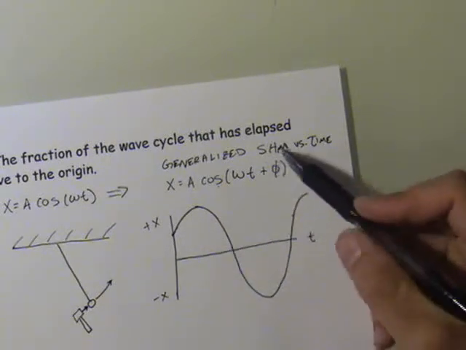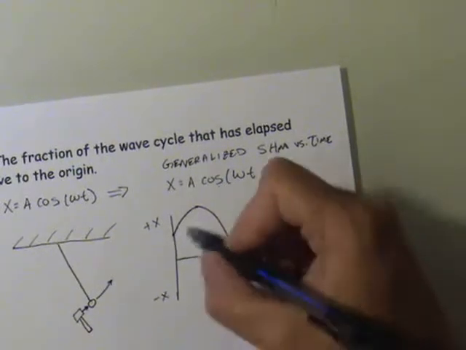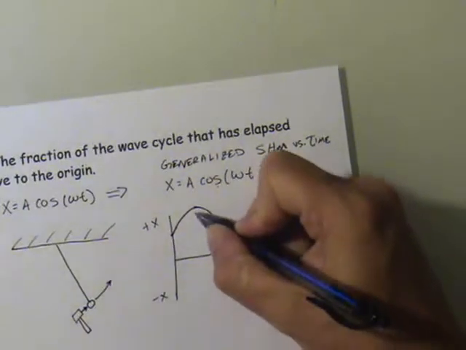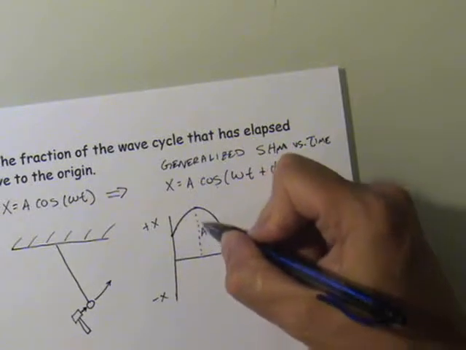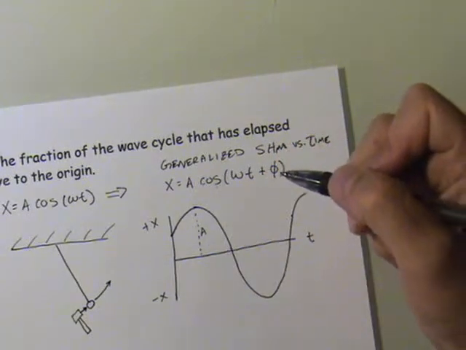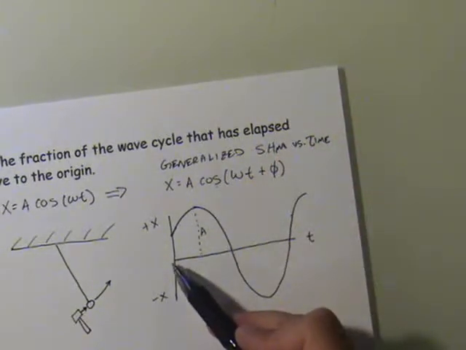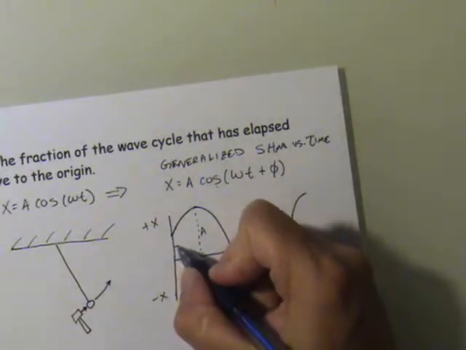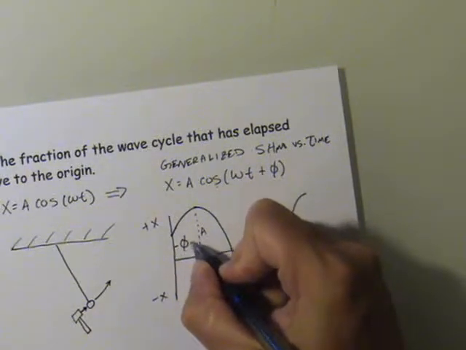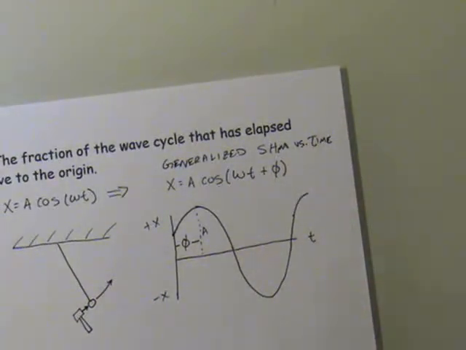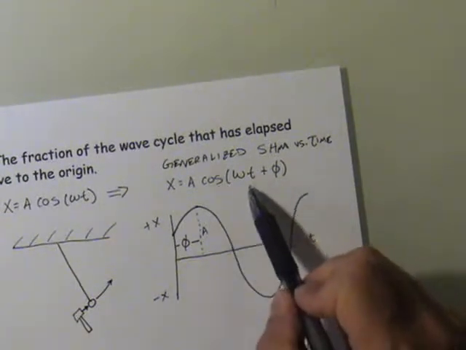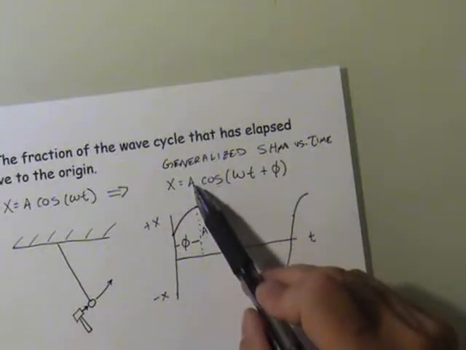So that phi factor is going to basically, right, here's the place where I've reached A, the maximum amplitude, right? But it didn't occur at t equals 0. So that phi factor is right there.